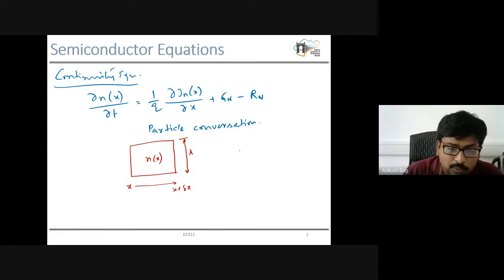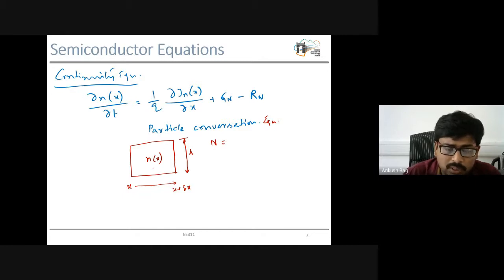Now what is the total number of charges, or total number of electrons, within this portion of semiconductor? Simply, as I mentioned, this is the particle conservation equation. Continuity equation is nothing but the particle conservation equation.